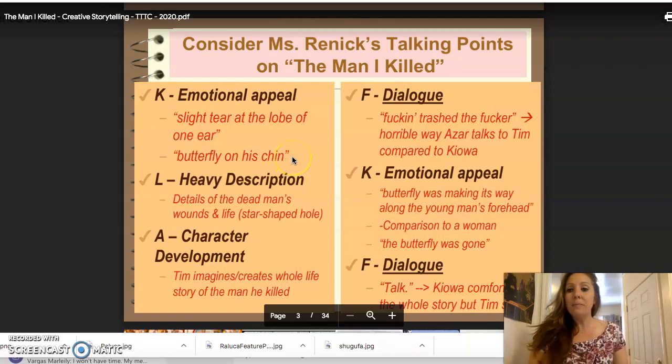Secondly is when it describes this butterfly that first is on his chin. So here we have this horrible, gruesome, graphic injury where we see the wounds on his face, his teeth, his jaw, his eye. It's all of this awful, horrific stuff. It's very grotesque. But then there's this striking image of a butterfly, and people love butterflies. Butterflies are beautiful. Little girls usually want butterflies in their bedroom.